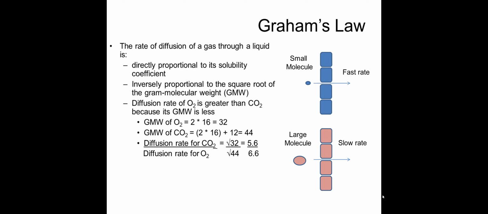So the diffusion weight for oxygen is equal to the square root of 32, and this gives us 5.6. And the diffusion weight for carbon dioxide is equal to the square root of 44, and that gives us 6.6. So let's start practicing some of this math. So basically what this is saying is that ideally a small molecule should be able to diffuse faster than a large molecule.